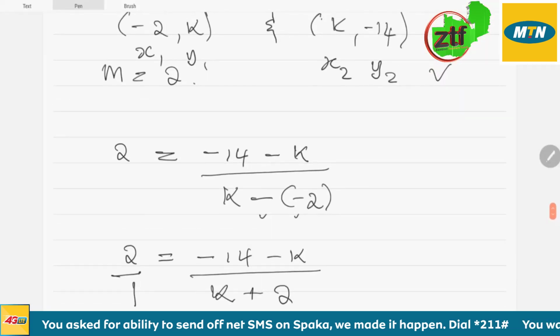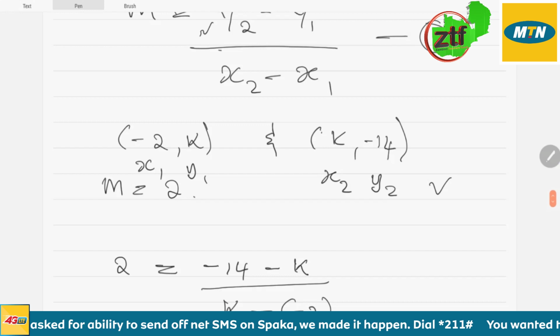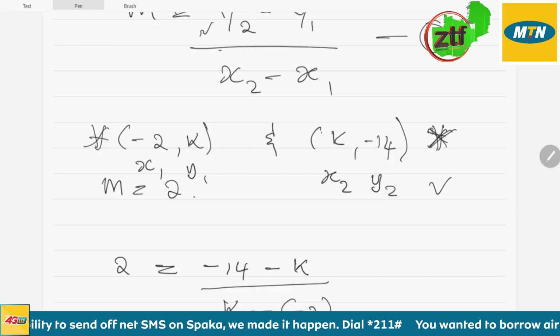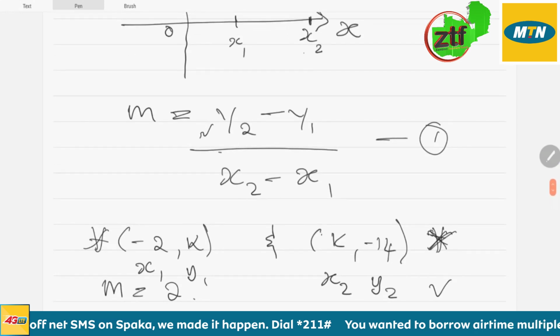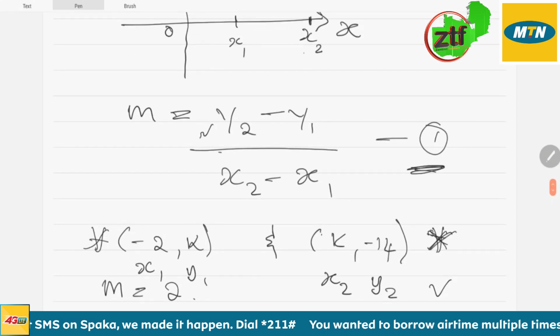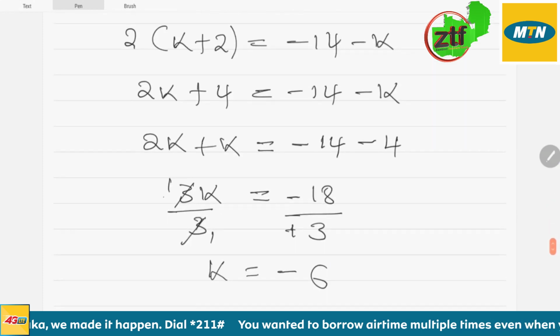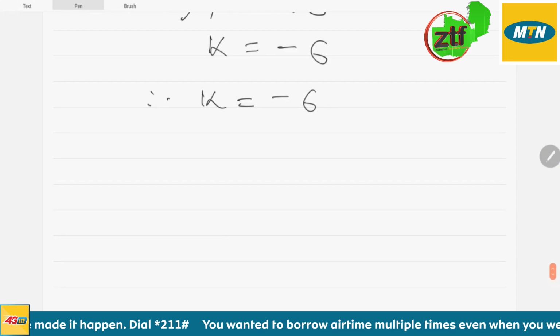We can verify by substituting the value of k into the coordinates, which is our first coordinate, coordinate number 1, and coordinate number 2. Then substitute the actual values of k into equation number 1, and you will get the value of m as positive 2, which is the value of gradient. All right, guys, so that is how you answer question number 3.